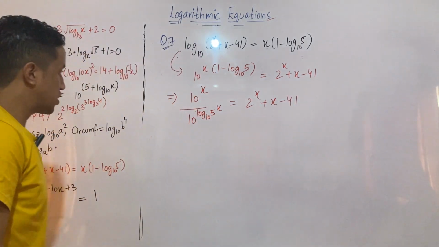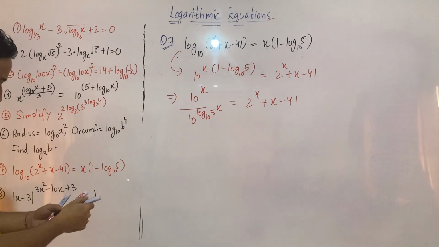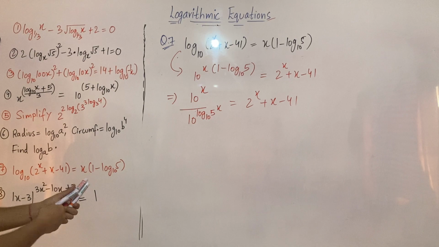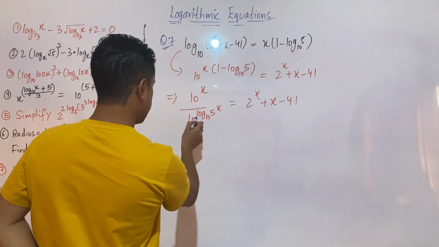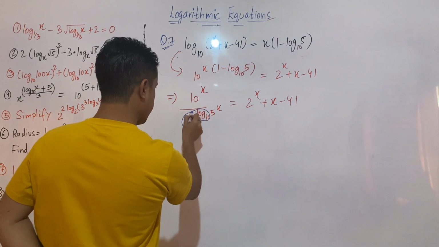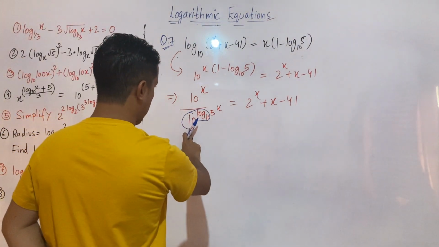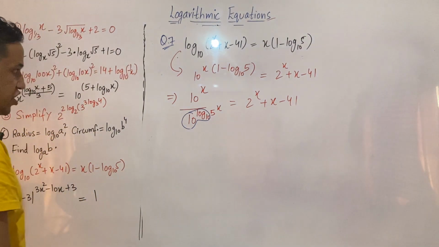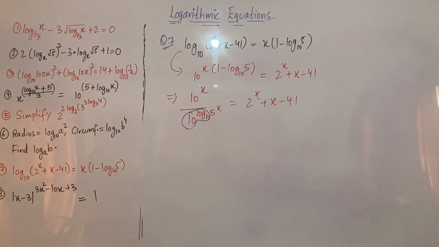Now what I will get from here is that, now see here, this is a raised to power log b base a, which is going to be b, right?